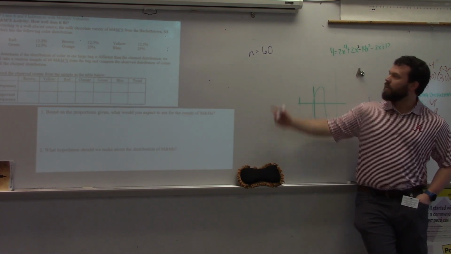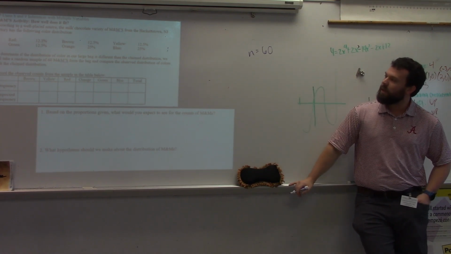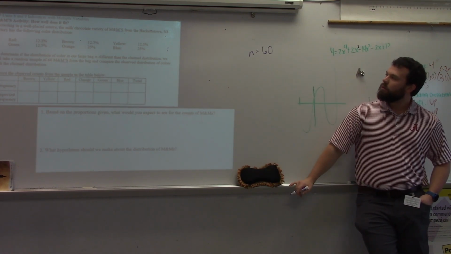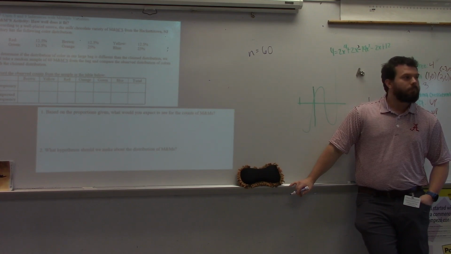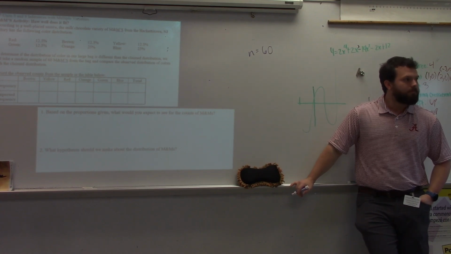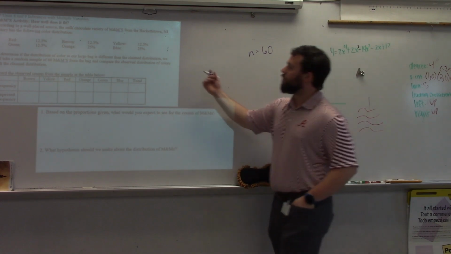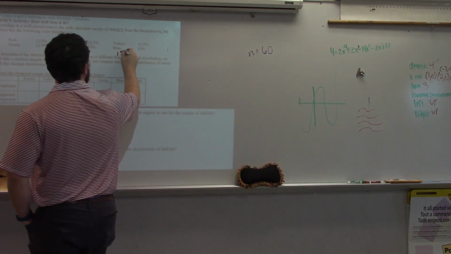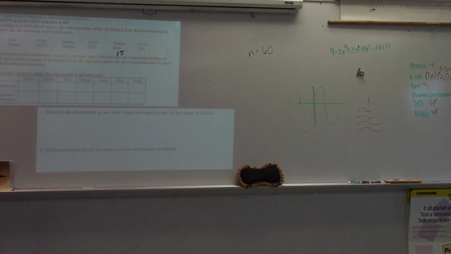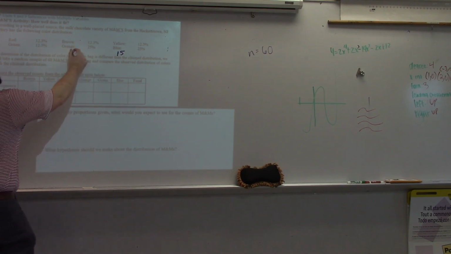Bryson, how many of my 60 M&Ms would I expect to be blue? 25%, which would be what? 15. So I would expect blue to be 15. Peyton, how many would I expect to be orange? 25%, so 15. So 15 again, okay.